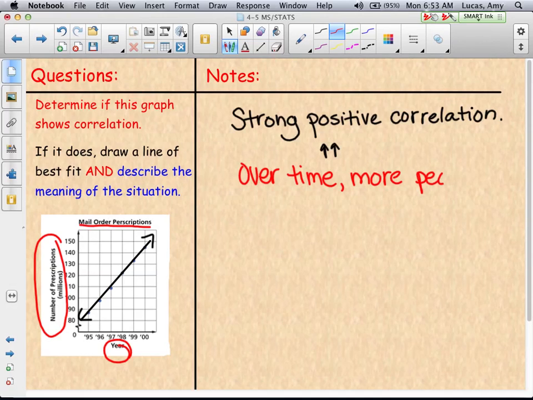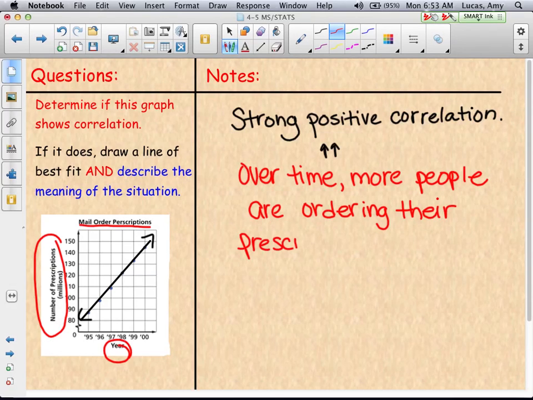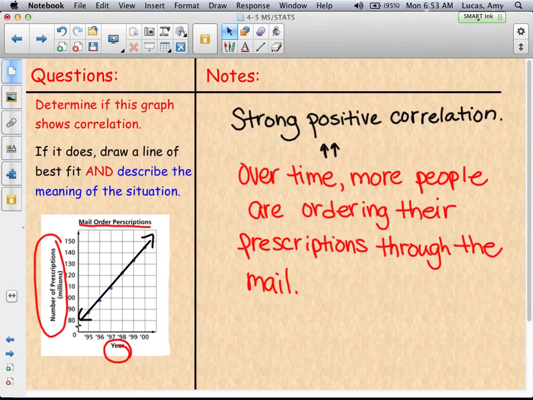That's what's happening on this graph. So make sure when you explain your situation, you're reading each axis label and the title to make sure that you can put meaning on the situation.